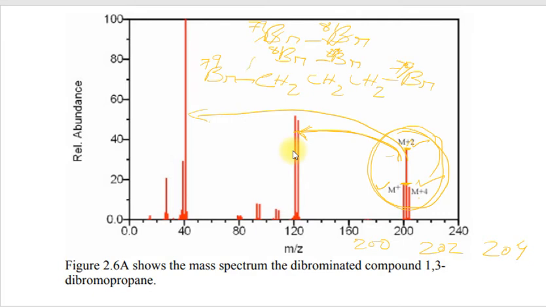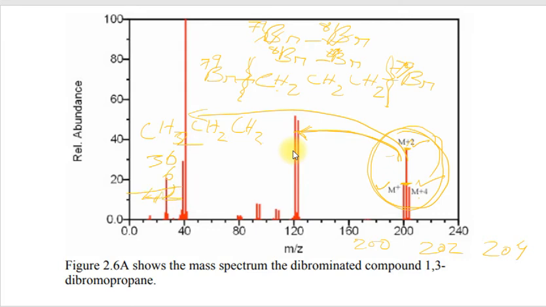If you remove the two bromine atoms, you are left with the propyl chain, CH2, CH2, CH2. So 3 carbons, 36, then 2, 2, 2, 6, so 42.